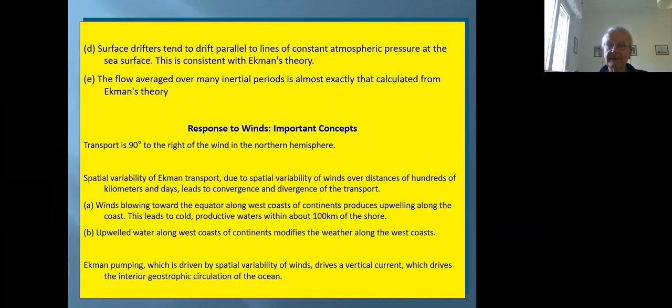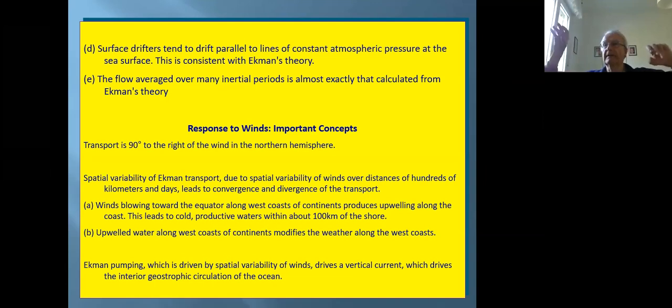Another important concept of the response to the wind is the spatial variability of Ekman transport. Ekman transport depends on the wind, and the variability of the wind over distances of hundreds of kilometers and days leads to convergence or divergence of the transport.